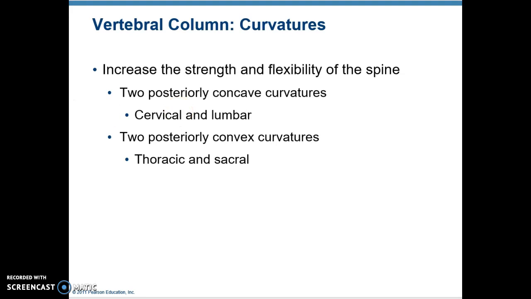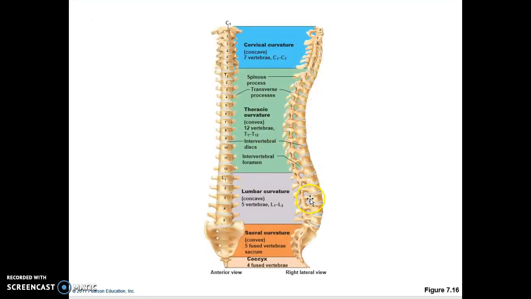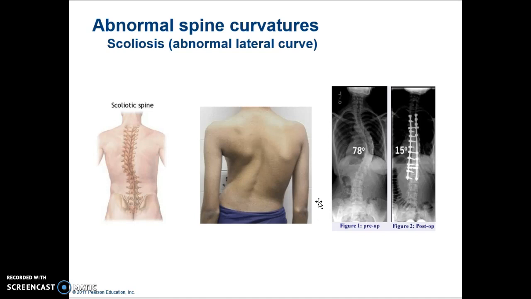If you have multiple curvatures, then you get a little bend here, a little bend there, and a little bend here, and that spreads the forces out and reduces the total amount of force felt by any one part of your vertebral column, so it's less likely to fail under load. There are three different types of abnormal spinal curvatures, or deviations from normal.